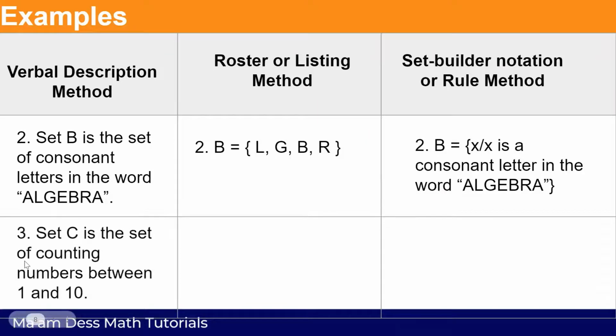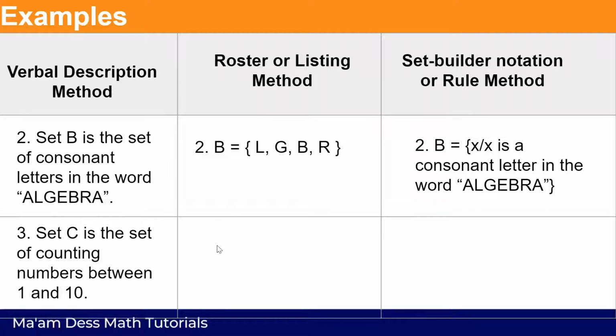Number 3. Set C is the set of counting numbers between 1 and 10. Between 1 and 10. Okay, so you know already what we mean by between? So yung nasa gitna ng 1 and 10. Roster.